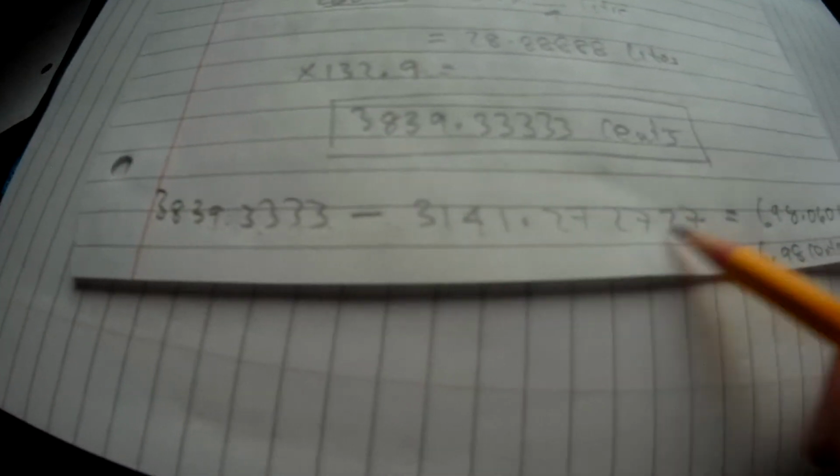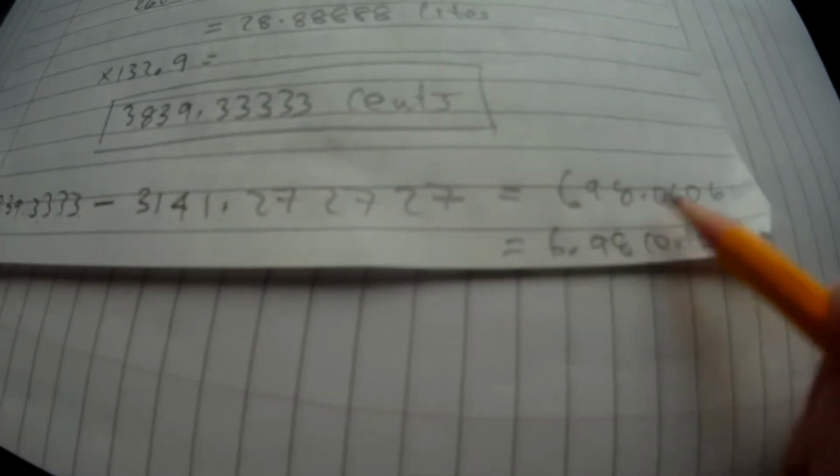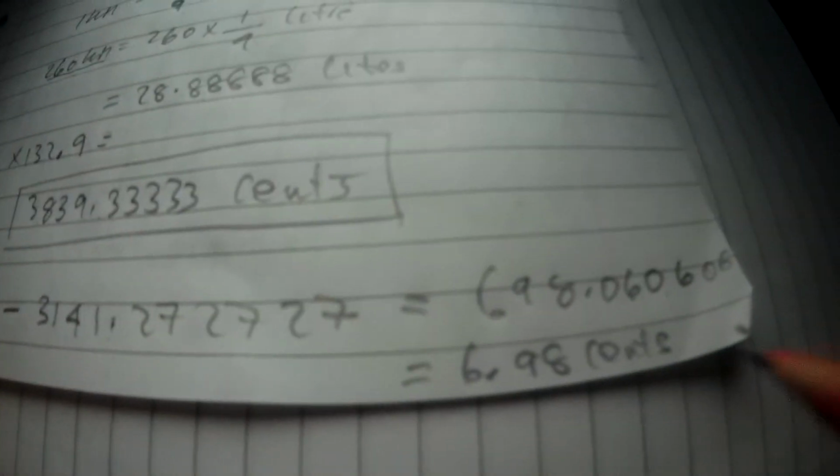That is equal to 698.060606 cents, 6.98 cents. So Jane spent 6.98 cents more on fuel during the course of the journey. That was 6.98 cents there.